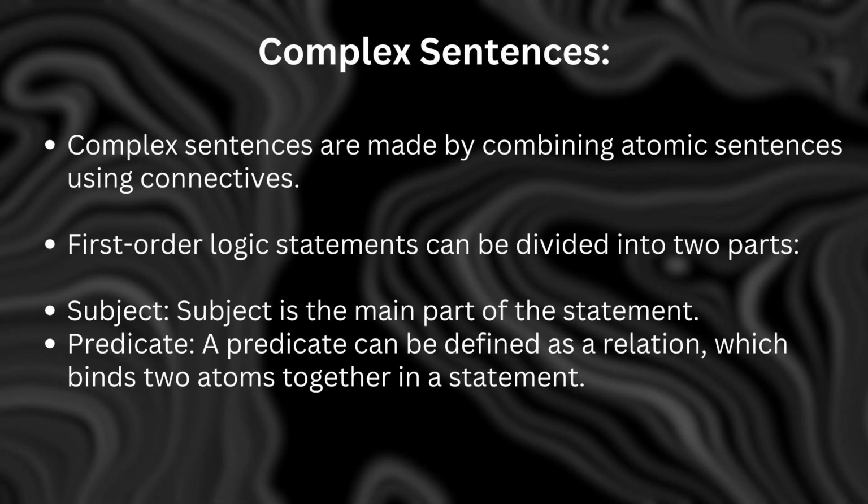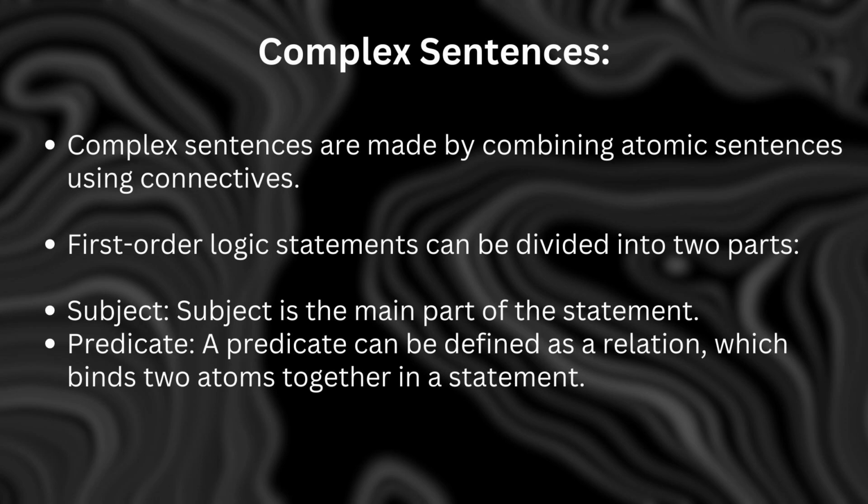Complex sentences in first order logic are created by connecting atomic sentences using logical connectives. These connectives include and, or, not, implies and if and only if, permitting more intricate expressions.